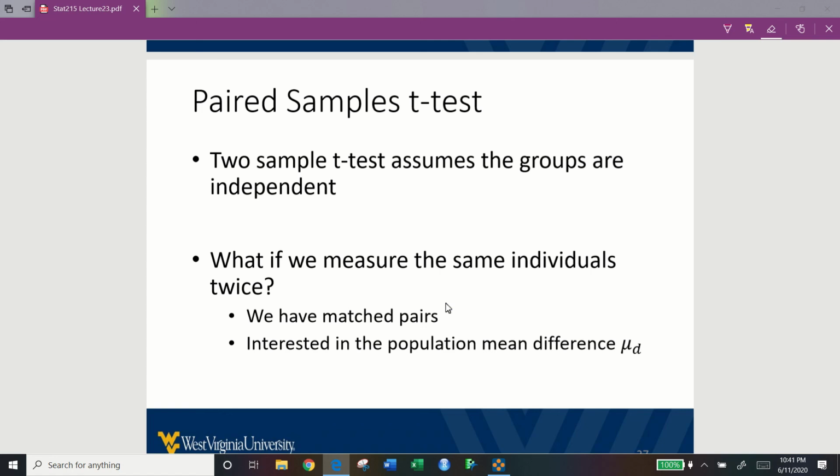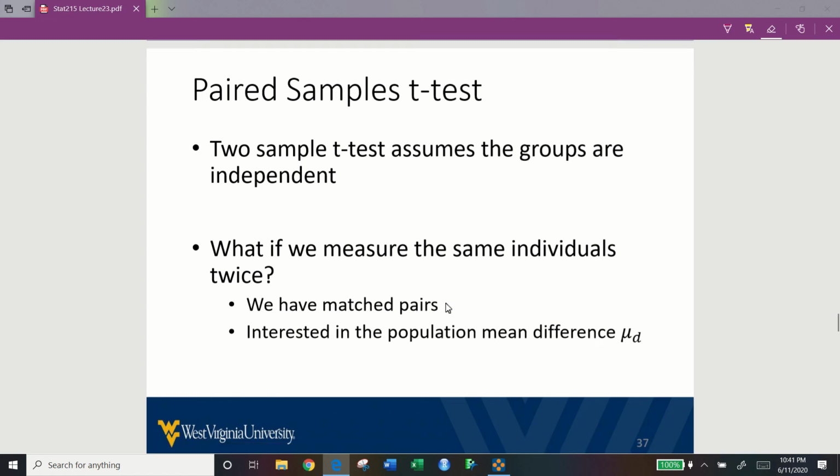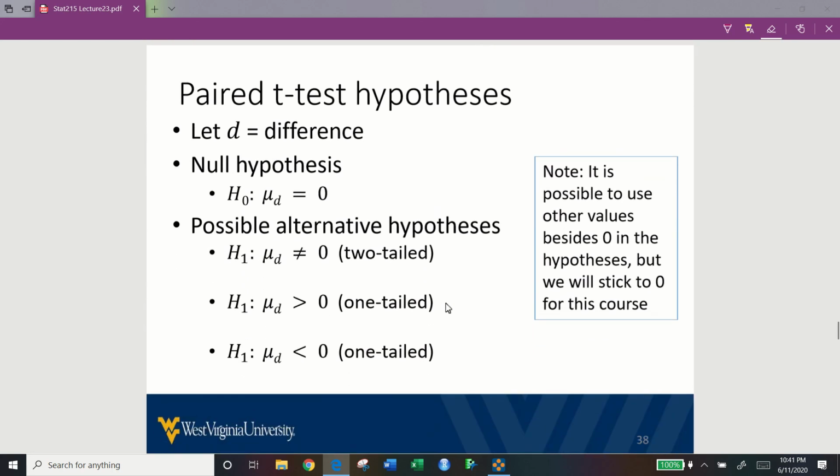You may recall talking about paired samples when we did confidence intervals. If you recall, we let d equal our difference. Our null hypothesis when we are doing a paired t-test is going to be mu d equals 0. Our alternative hypothesis will be mu d not equal to 0, mu d greater than 0, or mu d less than 0.